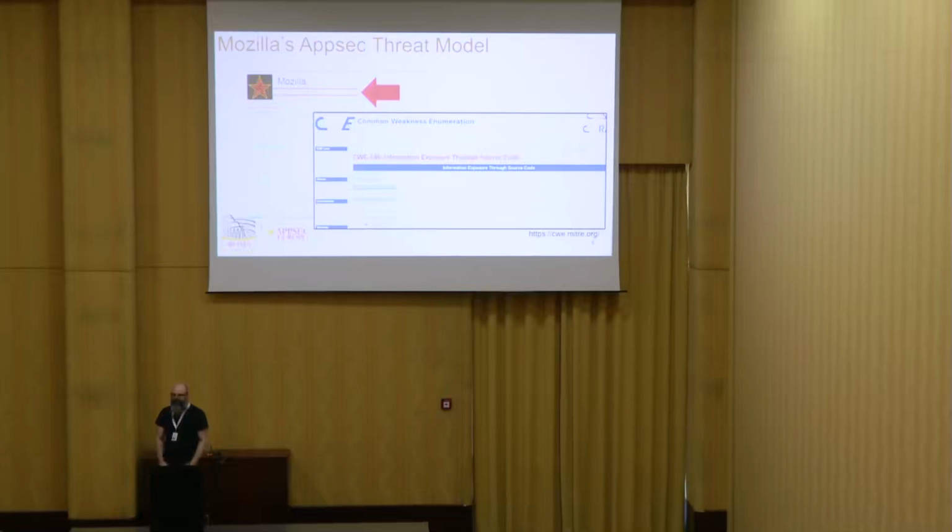So a lot of you have probably heard of MITRE CWE, the Common Weakness Enumeration database. And source code exposure is considered to be a vulnerability. For us, it's pretty much part of open source software, hard to avoid. And having your source code exposed doesn't mean it's a security weakness, as I've learned.